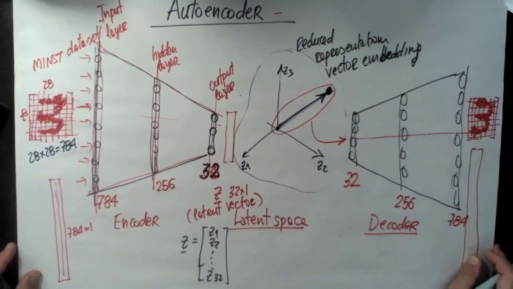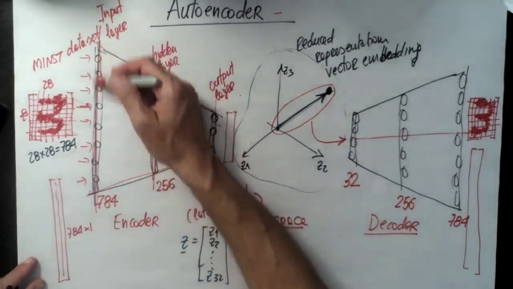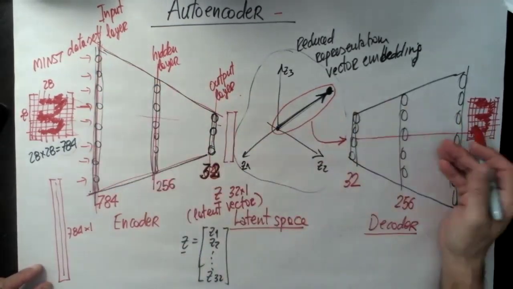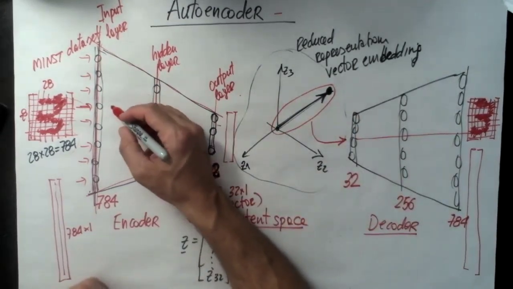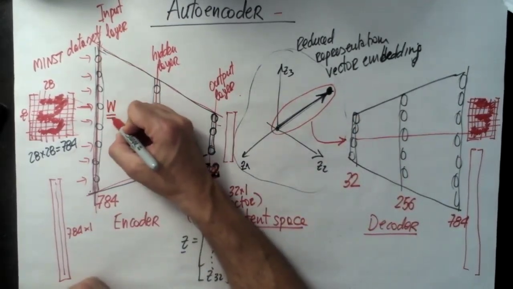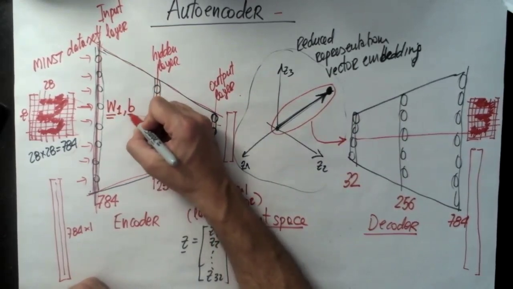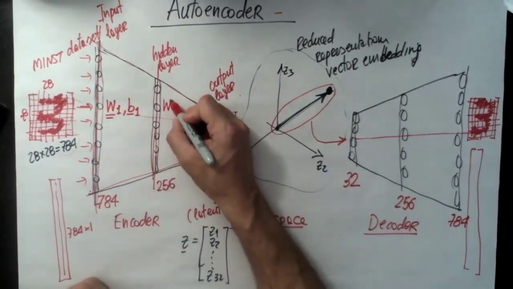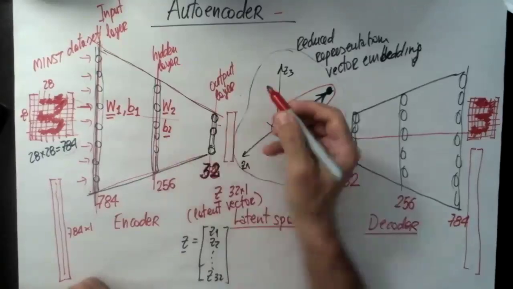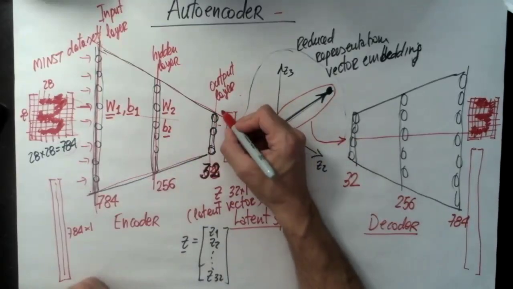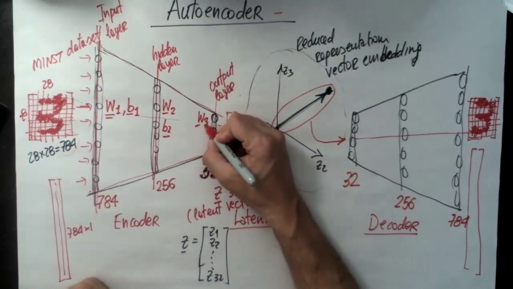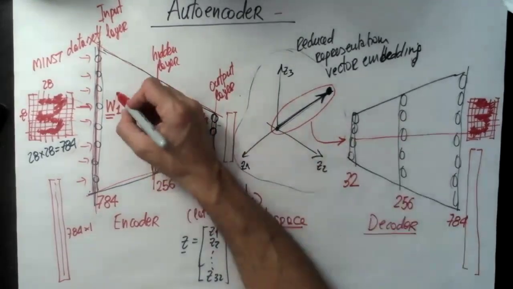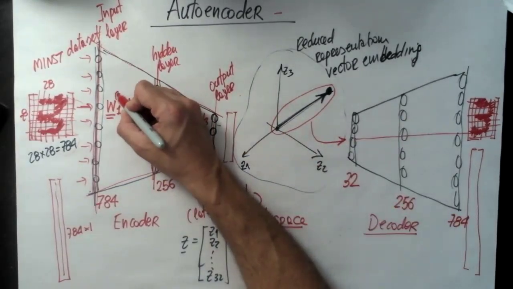And of course, both the encoder and the decoder include weight matrices and bias vectors. This is one for this layer, then we have another one for this layer. And then there is also the weight matrix for the third layer. And similarly here, so this is basically the encoder.